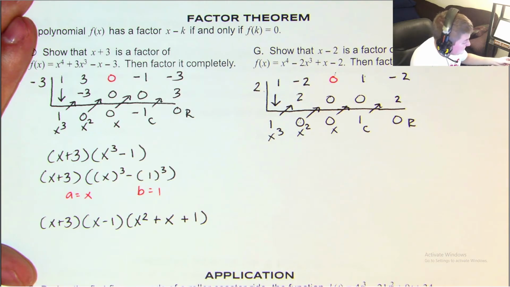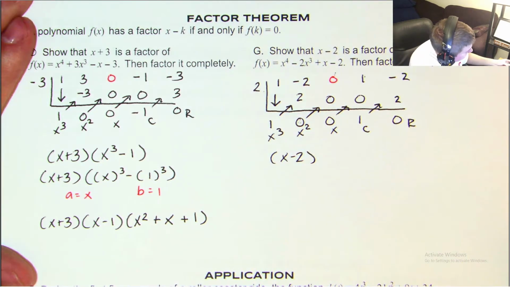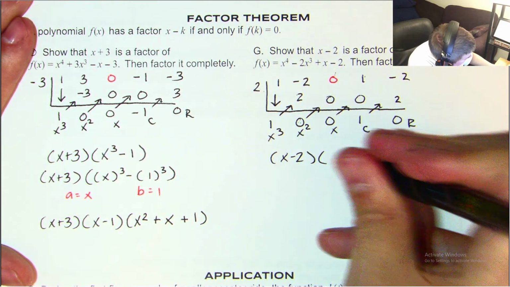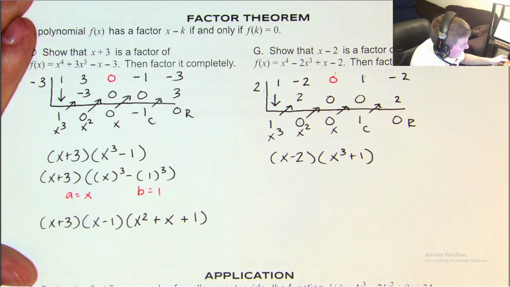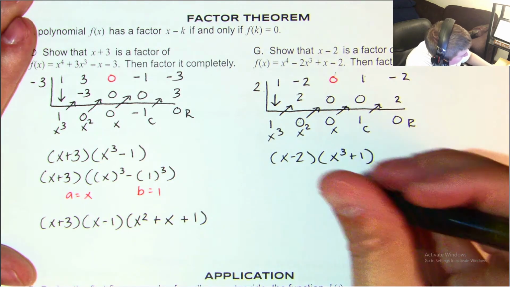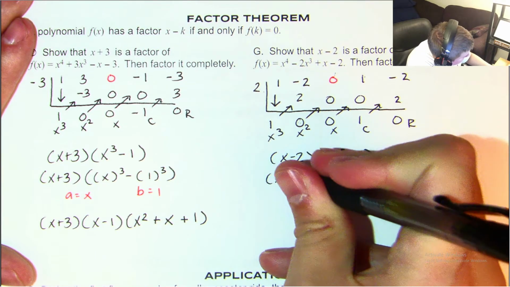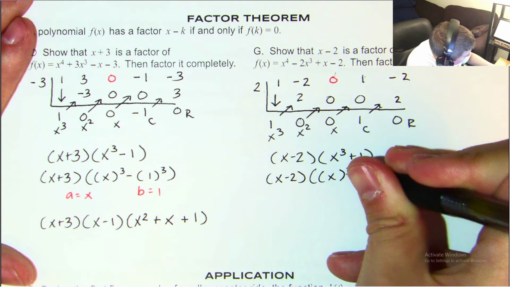So this factors into x minus 2, because that's the factor that we just took out, times x cubed plus 1. Okay, this is a sum of cubes, which can be factored further. So we get x minus 2 times the root of x cubed is x. The root of 1 is 1.